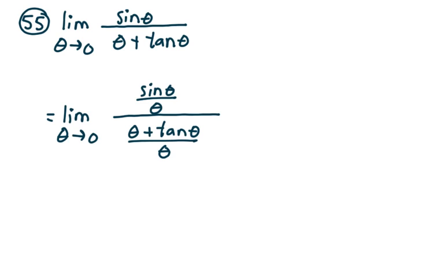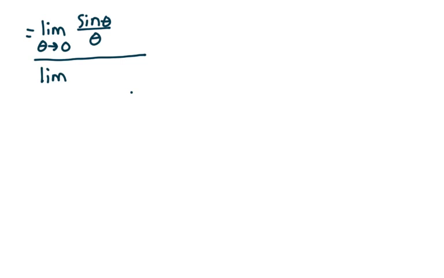Now, I'm going to take the limit of the numerator and divide by the limit of the denominator. So this is the limit as theta goes to 0 of sine theta divided by theta divided by the limit as theta goes to 0 of theta plus tangent theta divided by theta.